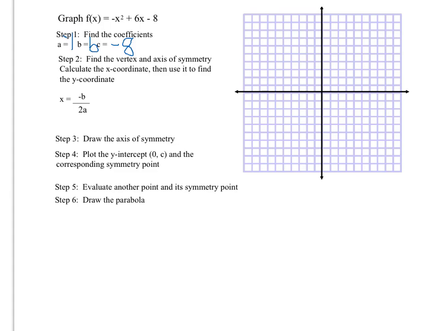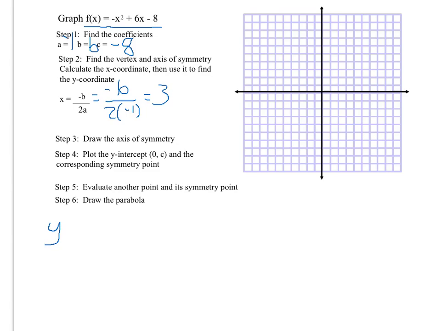So now we go on to step 2. We can find the x and y coordinates of the vertex. We start out with x by just plugging in -b over 2a. So we'll have the negative of 6 over 2 times -1. So that will reduce down to a +3. Now we can find the y coordinate by simply plugging this back into our equation up here. And remember, f of x is the same as y.